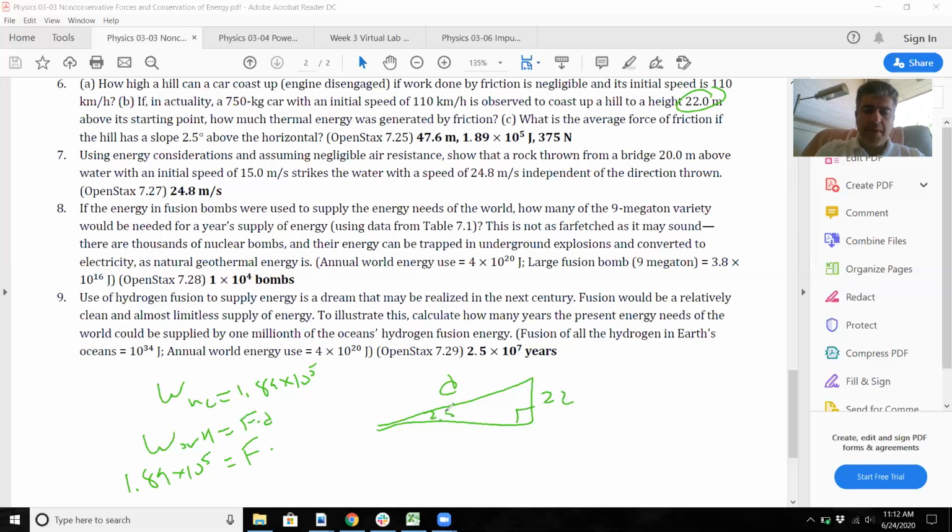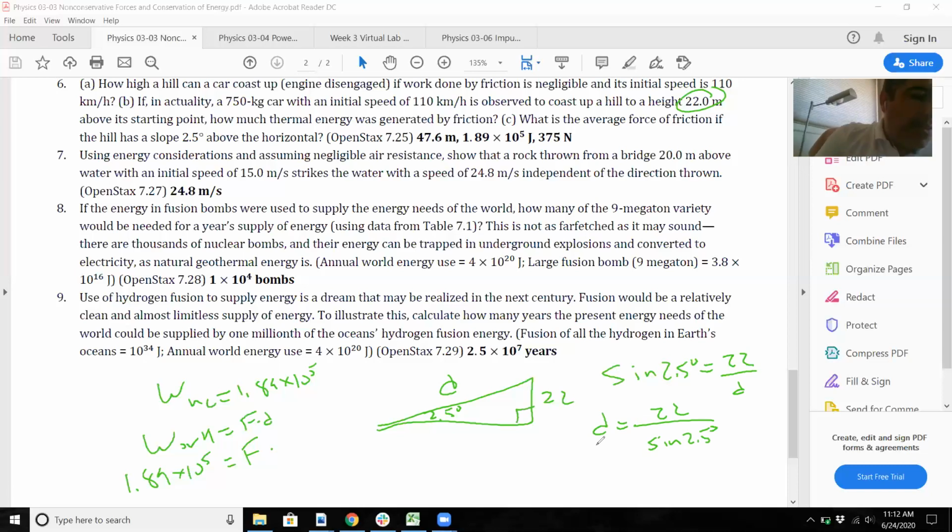They should be more clear about that also. The sine of 2.5 degrees equals 22 over d. If you move things around carefully, d is going to be 22 over sine of 2.5 degrees. And then you bring that over here. Okay, let me grab my cell phone really quickly here.